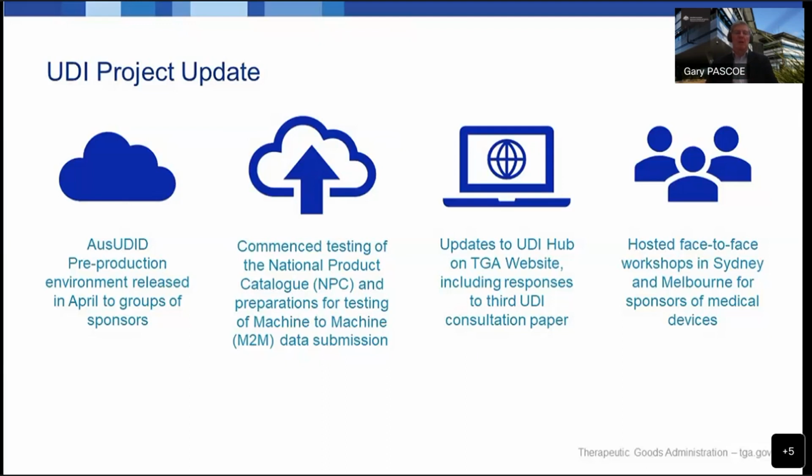In addition to the technical work, we've made a number of changes, refinements and refreshing of the UDI hub on the TGA website. We have ensured that, since the last webinar, all the responses to the third consultation paper, which closed at the end of last year, are up for you to see, as well as providing a summary.